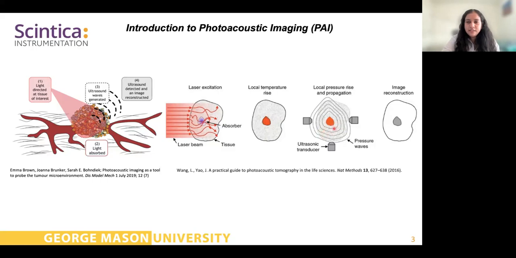That results in the generation of pressure waves, which cause the generation of sound signals, or ultrasound signals, that are picked up by an ultrasound transducer. That is the main principle of photoacoustic imaging, and the image is reconstructed, and you get a lot of functional information about the organ or the tissue that you are trying to image.